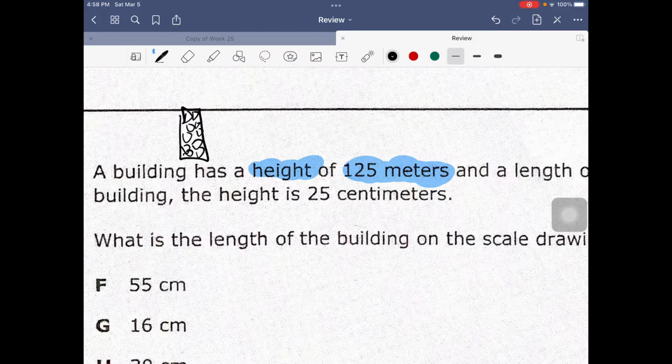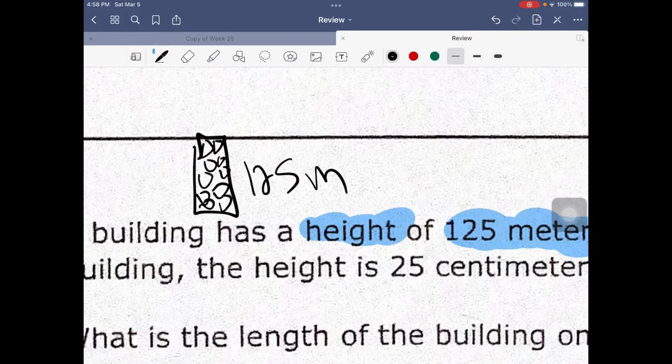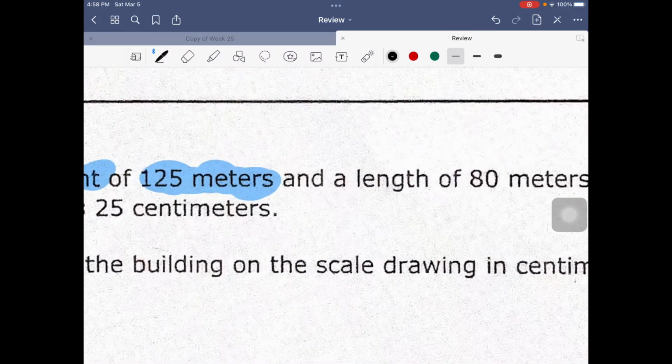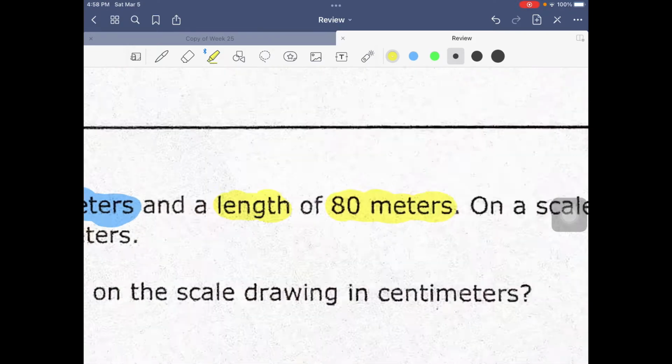Vámonos. Now, height of 125 meters and a length of 80 meters. Ahora, a length, I would do it a different color. It's two different things. 80 meters.